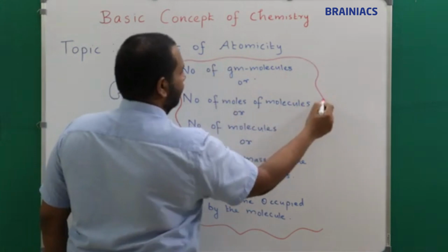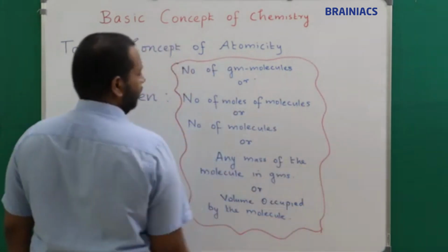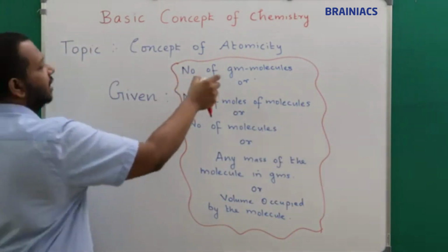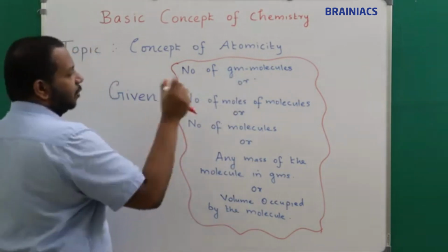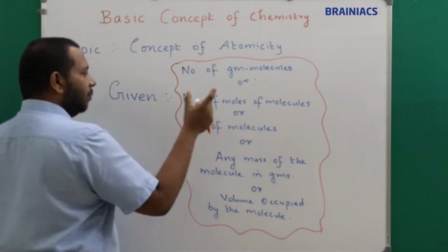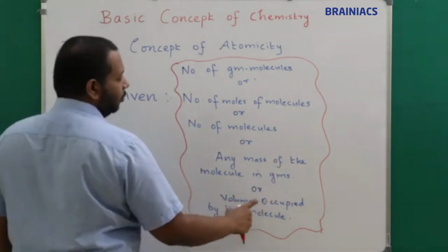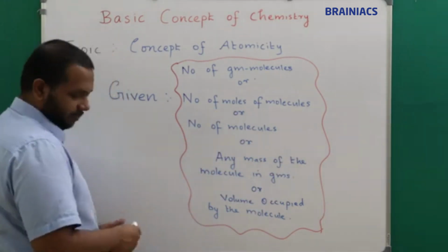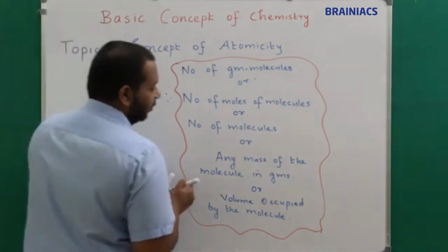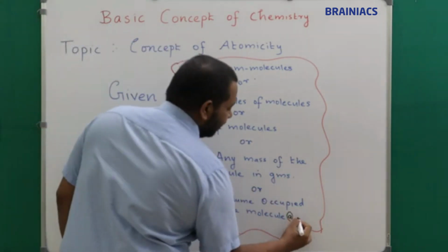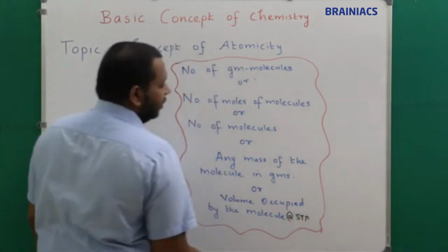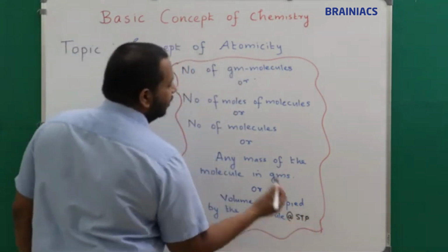They can give either directly the number of gram molecules, or number of moles of molecules, or number of molecules, or any mass of the molecule in grams, or volume occupied by the molecule at STP. That is very important, otherwise there is no meaning. So at STP, I will mention that. So they can give any of this.